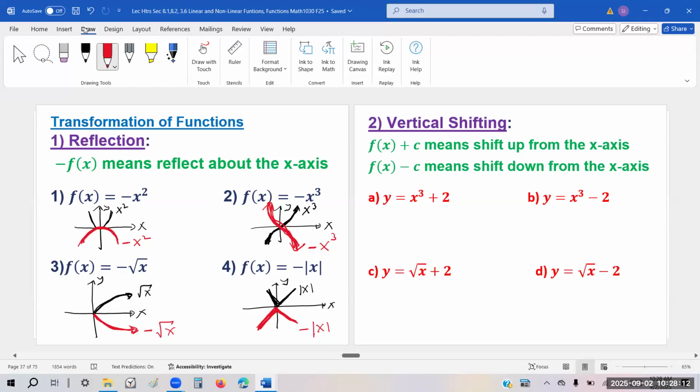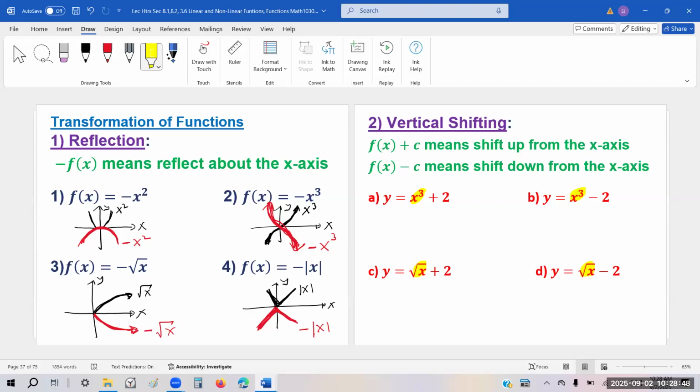Okay. So when you see your original graph, our original is x cubed and square root.